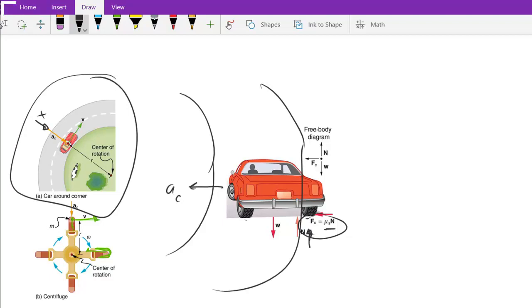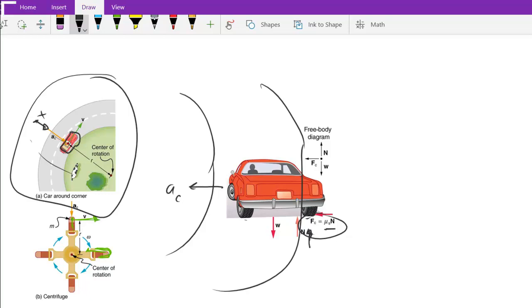I'm just taking a snapshot right here of when it's going around the curve. If I wanted to find out what forces are required for this acceleration, I would draw a free body diagram when it's right here.